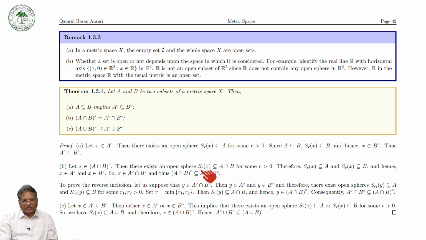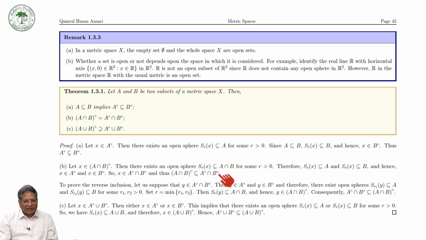It means that this open ball is a subset of A as well as a subset of B. Hence, X is an interior point of A as well as an interior point of B. So interior of A intersection B is a subset of interior of A intersection interior of B.